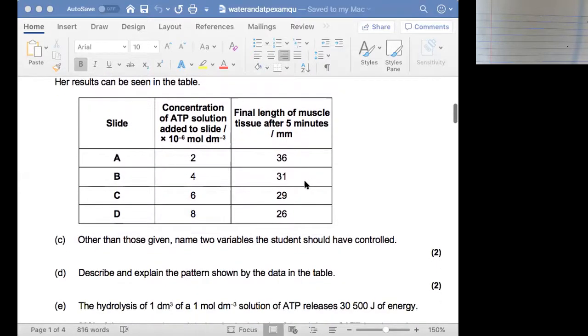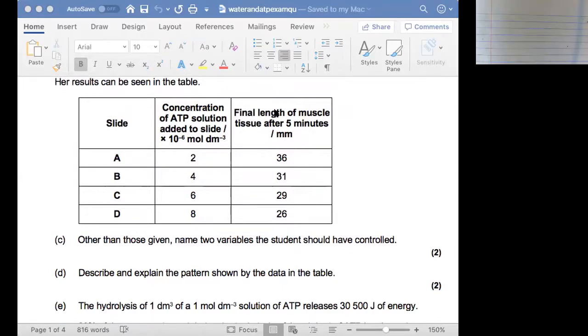So these are the results. You can see that you've got 4 slides, A, B, C, and D. Then you've got a concentration of ATP solution added to the slide. That's in times 10 to the power of minus 6 moles per decimeter cubed. So it's a moles per decimeter cubed concentration, but in times 10 to the minus 6. You can see that that concentration is increasing.